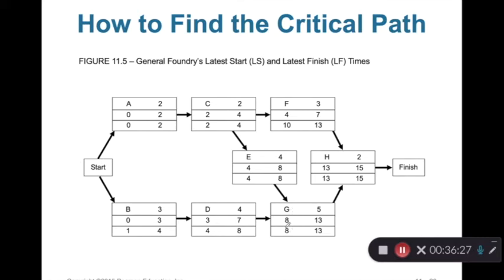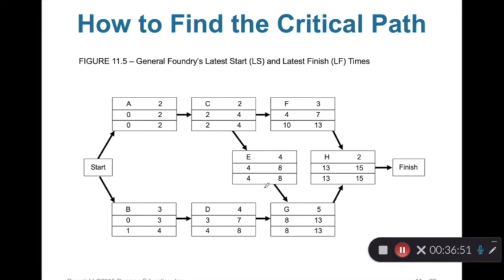Now we move to E. E has only one follower, G. That's why they must be equal, so LF for E must be equal to LS for G, which is 8. 8 minus 4 equals 4. So the LS for E is 4.